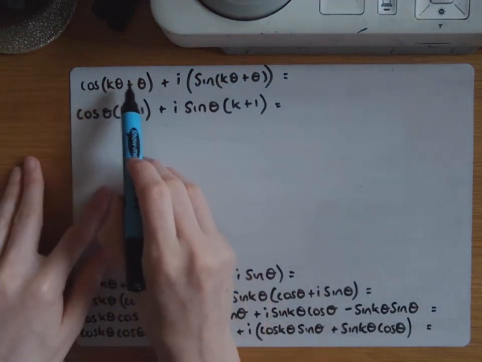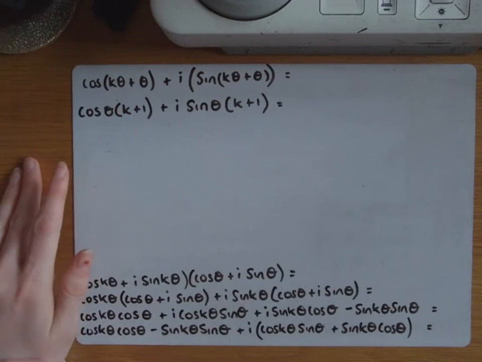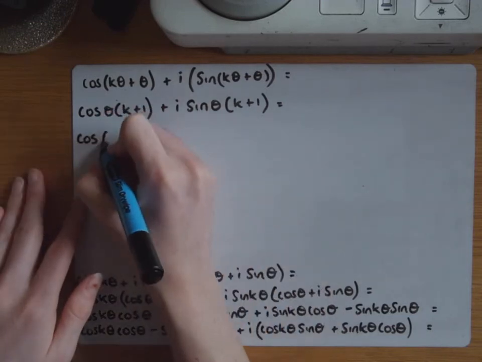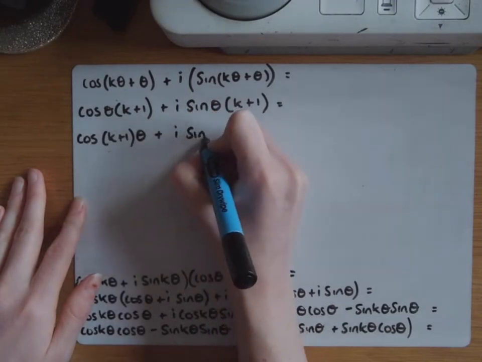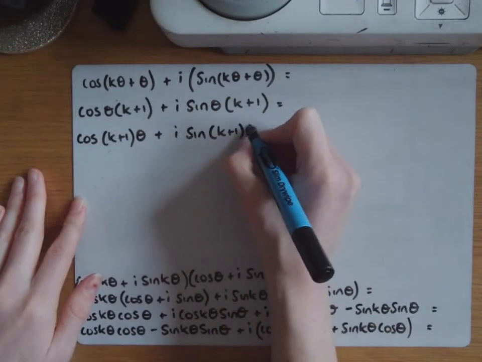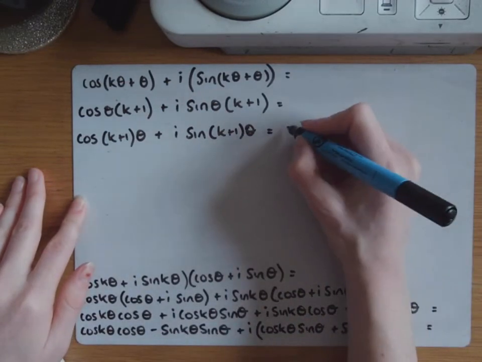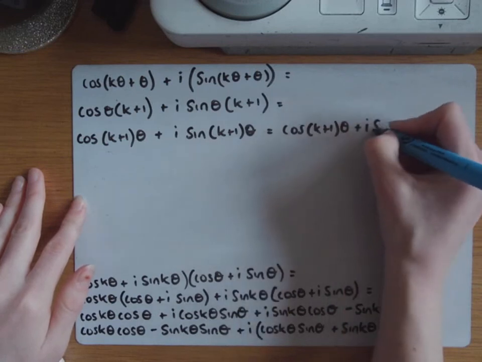Okay, so I've just factorized out the theta there. Now I think at the beginning we had it that the k plus 1 came first, so let's just finish it off by writing it exactly like the right hand side. So just swapping the k plus 1 and the theta's place, that's totally fine because they're being multiplied in there. And that's what I had on the right hand side.